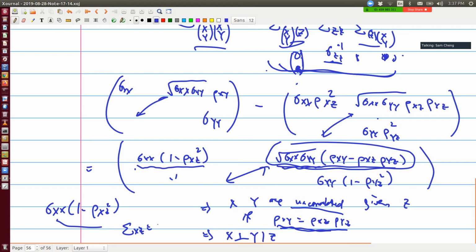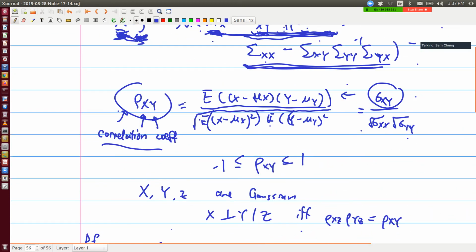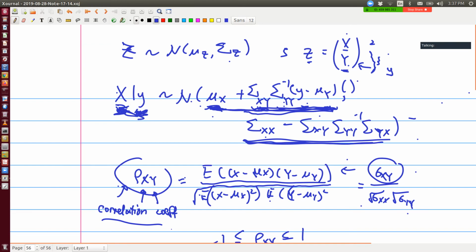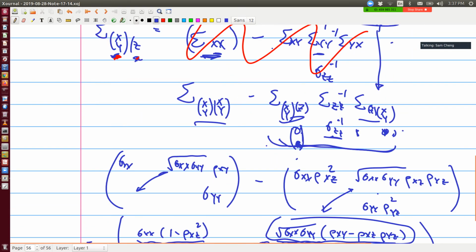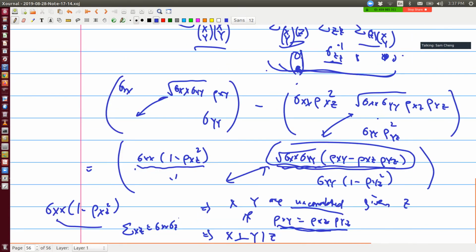then your sigma xz is just equal to sigma xx times sigma zz. Wait a sec. Yes, I think sigma xx sigma zz will give xz, something like that. I need to have a square root here.